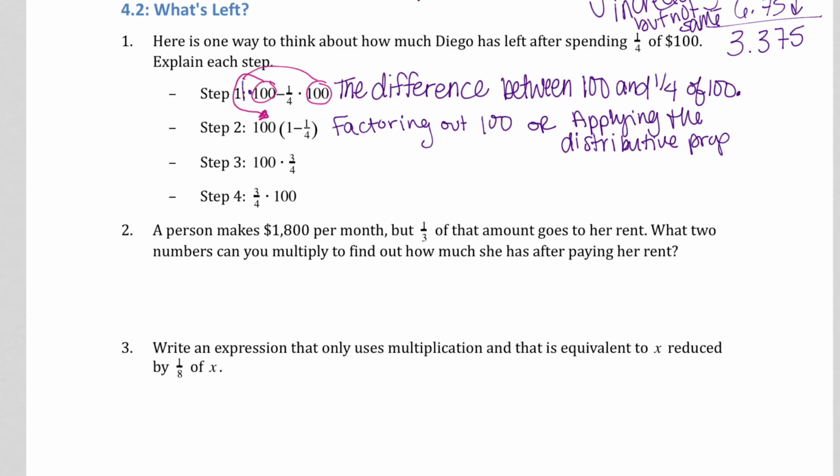Wait, I have a question. If it's 100 minus 1/4, is it minus 1/4 or minus 1/4? So here you have to make sure that you do your multiplication first. Here it would be 1/4 times 100 before you do 100 minus 1/4. You have to do the multiplication first.